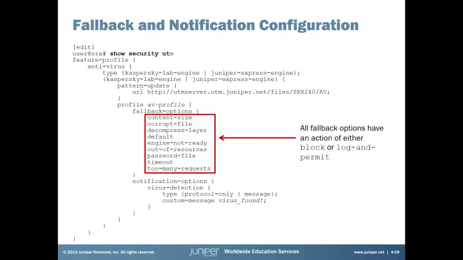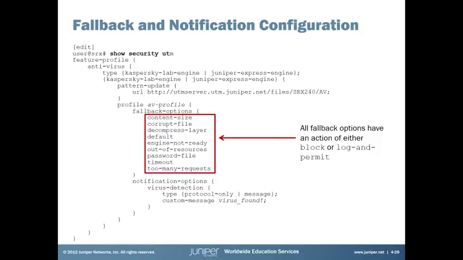Fallback and notification configuration. So like I said, we can set up the parameters that are going to cause a fallback operation. Here we've got an example of the content size, if the file was corrupt, and how many layers of compression are involved. You can have compressed files inside of compressed files inside of compressed files, so how many layers are we going to go to before we give up?